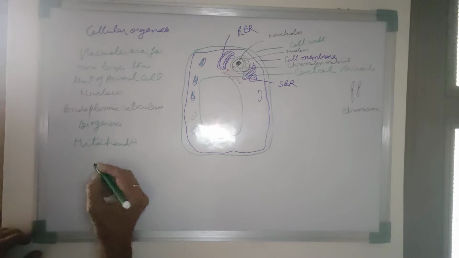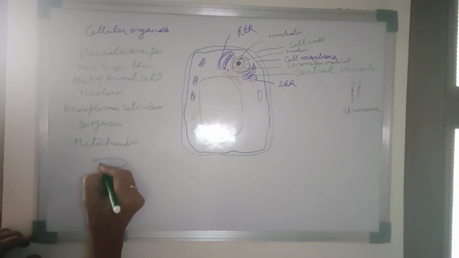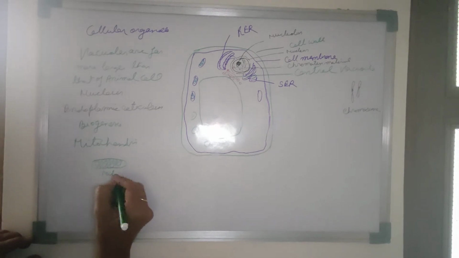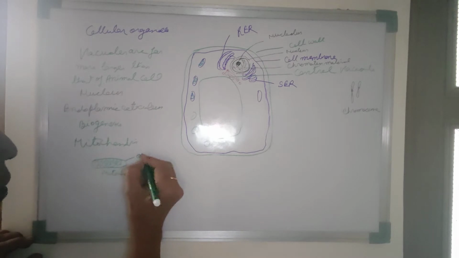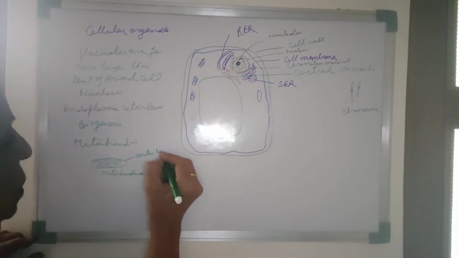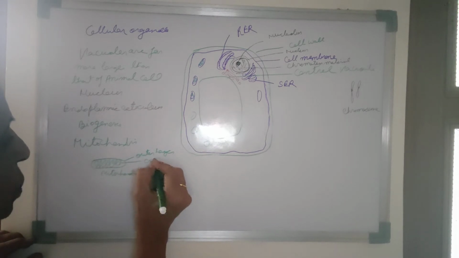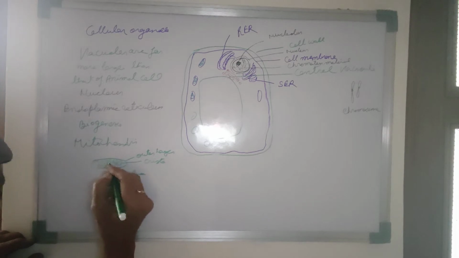We can draw here the mitochondria. The inner layer is folded to form structures which are called cristae. This is the mitochondria. This is the outer layer, this is the inner membrane formed into cristae, and the space is called the cristae space.